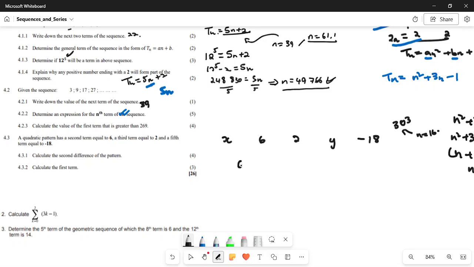I will say 6 minus x. Let me show that with my arrows. And then 2 minus 6, that's a minus 4. And then y minus 2. And then I will have minus 18 minus y. And then the second difference, which is what they want.